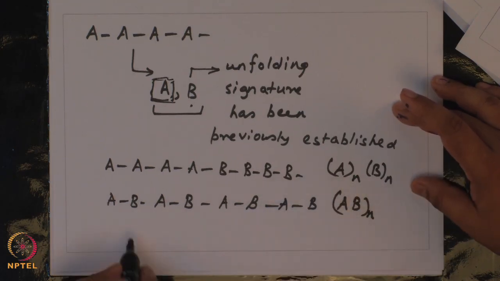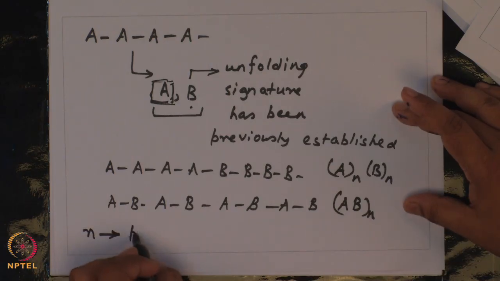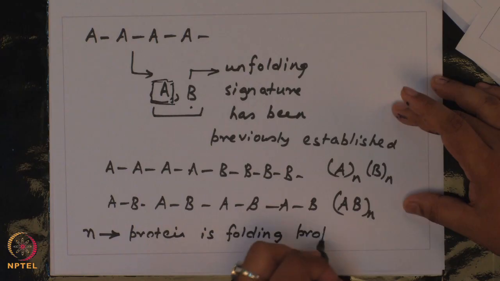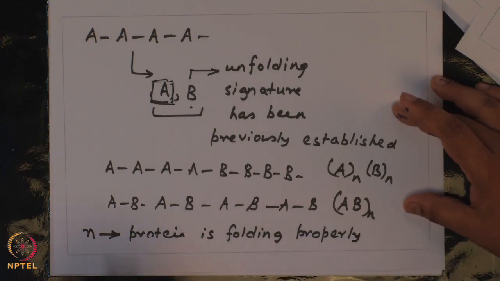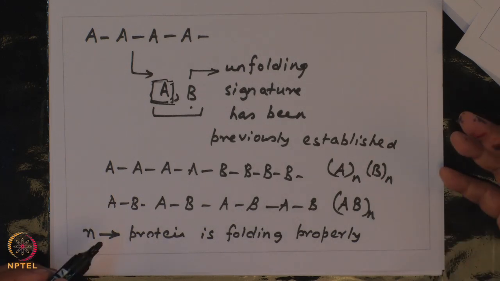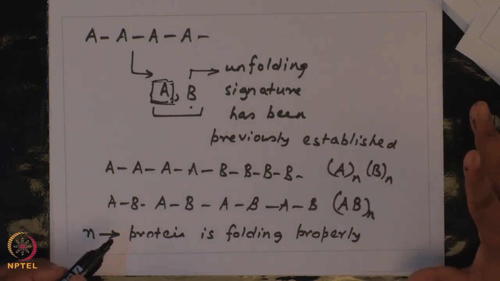Here n may be variable. You choose n such that at least you know that the protein is folding properly. Your n might be 3 in one case, or 4 in another, but you need to make sure that this protein is folding properly.